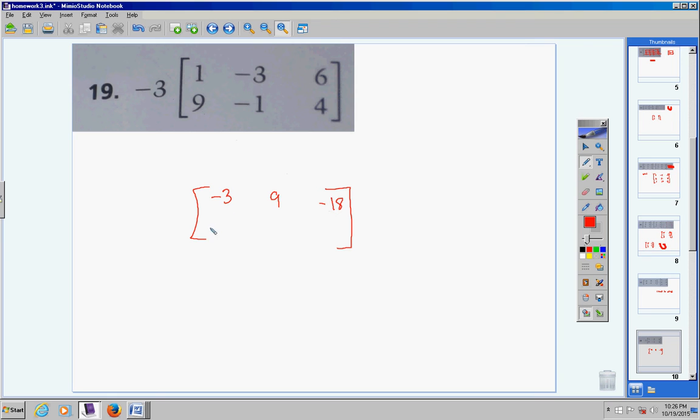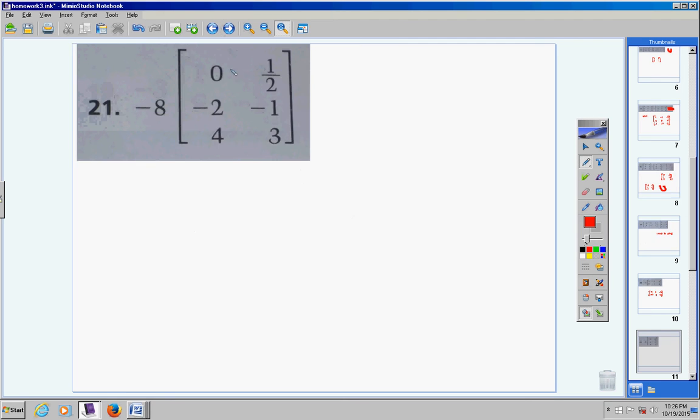Negative 3 times 9. Negative 3 times negative 1. Negative 3 times 4. There we go. Okay. So, not too difficult. Just take your negative 3 and multiply it through. And I'm kind of stalling here, checking my answer, making sure I did this correctly. Didn't make a little mistake somewhere, but it looks good.